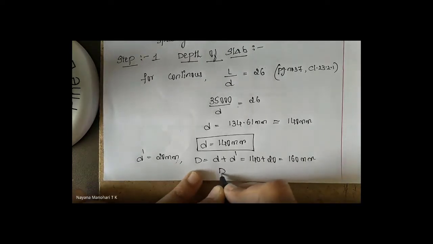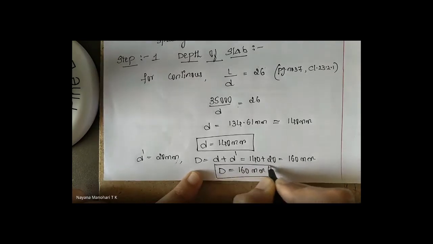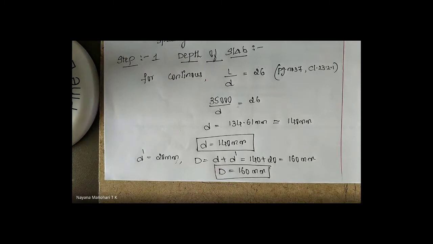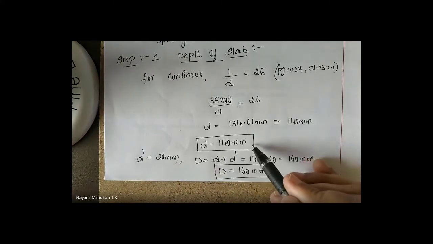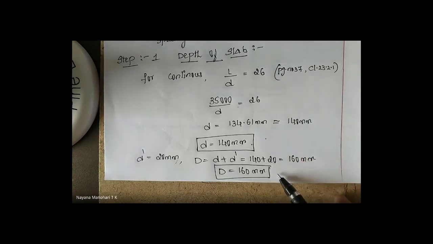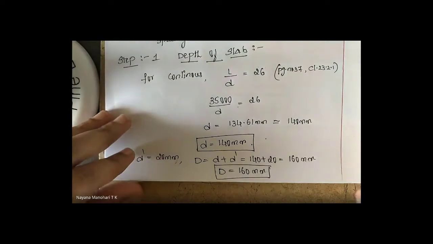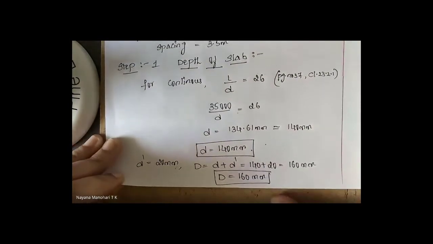Then your overall depth will be 160 mm. Put it in a box. The steps: first you calculated effective depth, then go for overall depth. Once you calculate the overall depth, the second step follows.